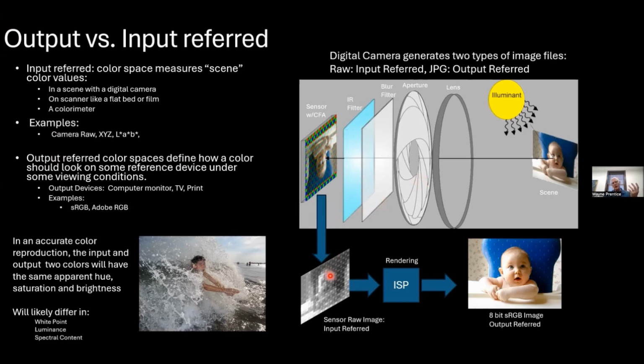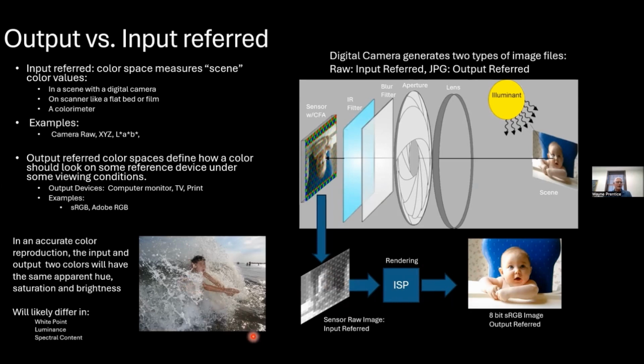We can store raw images, which are input referred. And then after processing in the ISP in the camera, there's a rendering process, which also produces an sRGB image, which is output referred. Now, you'd expect there to be a relationship between the input and output, but not necessarily.